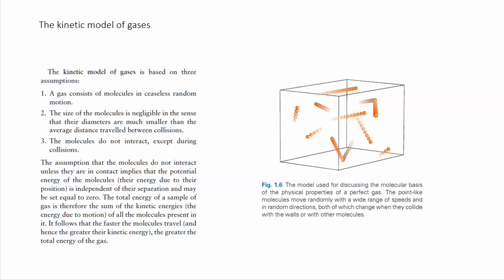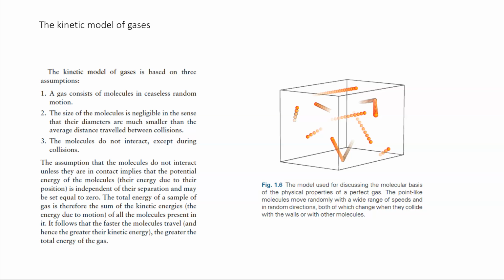Now, we have to think of the mass of the object causing the collision, the velocity, the distribution of velocities, a variety of factors that we're going to get into in substantially more detail.